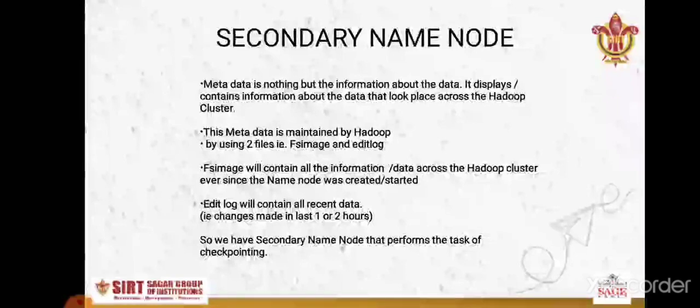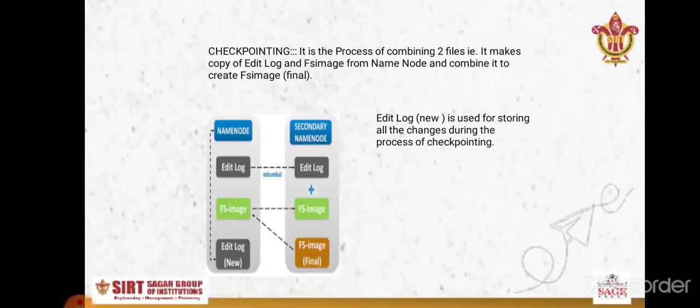Checkpointing is the process of combining these two files: it makes a copy of the edit log and fsimage from the name node and combines them to create the final fsimage, in which we include all the changes performed by the edit log and fsimage.